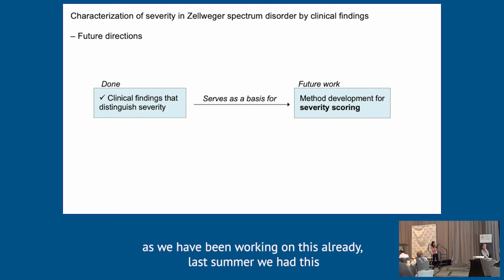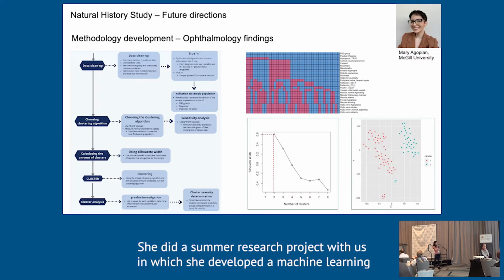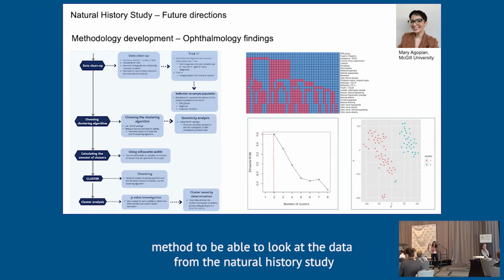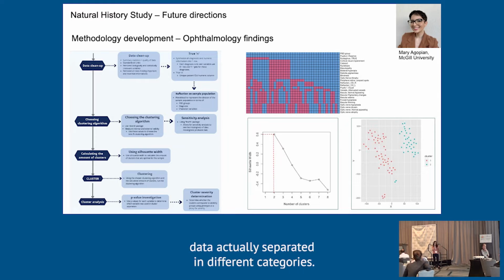Last summer, we had this student with us, Mary Gopian, at McGill University. She did a summer research project with us in which she developed a machine learning method to look at the data from the natural history study and see if the data naturally separated in different categories.